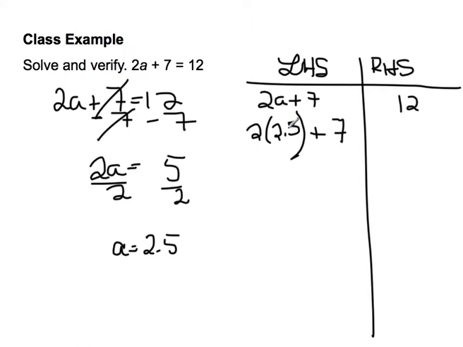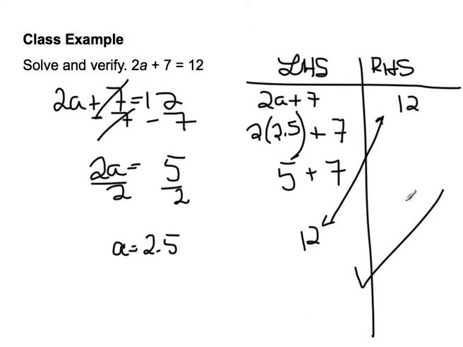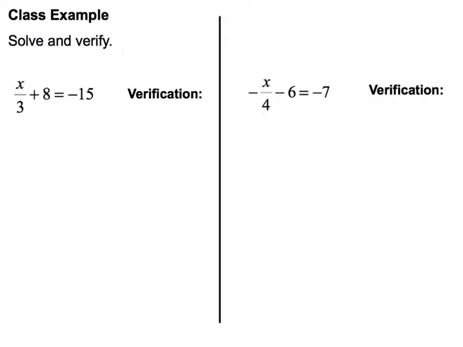So 2.5 times 2 is 5, and 5 plus 7 is 12. The left-hand side equals the right-hand side. We know we did the equation correct, or the solution correct. So I want you to stop here. I want you to stop and try these ones.